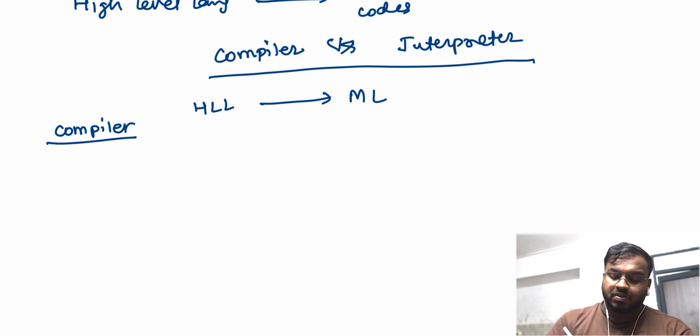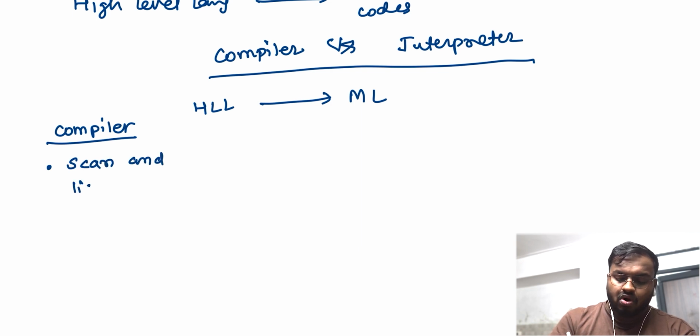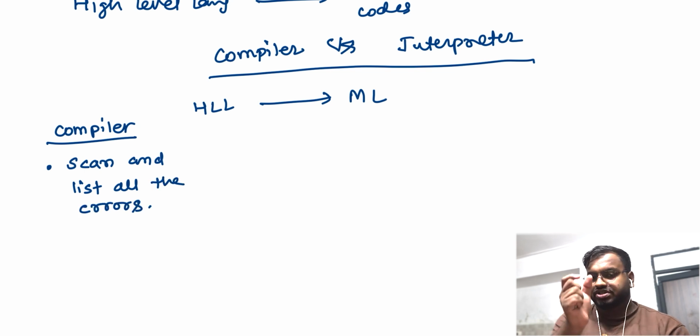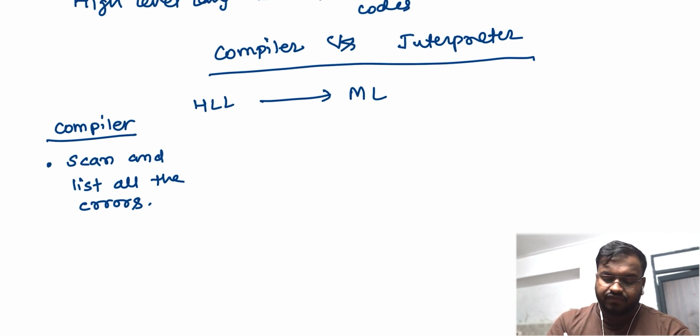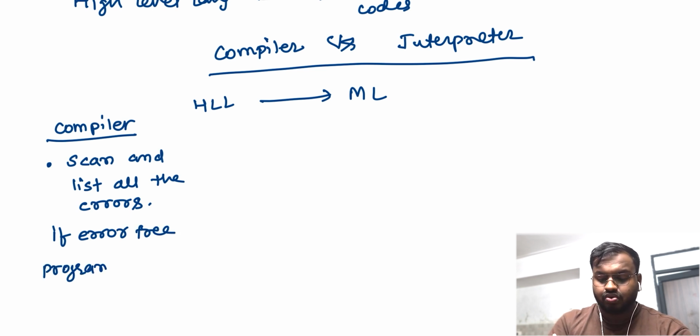In case of a compiler, first the compiler will scan your program and then list all the errors of your program. I hope this is clear. First it will scan your program and then list all the errors. And if your program is error free, then the whole program is converted to machine code, that is 0 and 1.